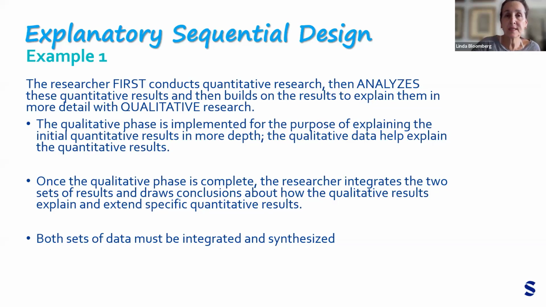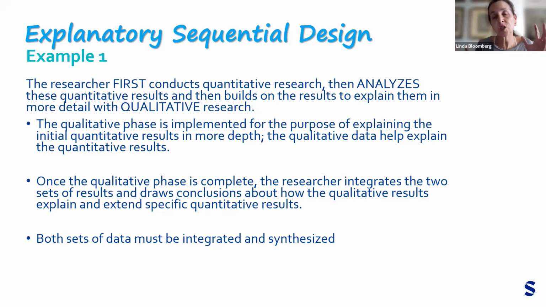And here is an example. The researcher first conducts quantitative research, then analyzes these quantitative results, and then builds on the results to explain them in more detail with the qualitative research. The qualitative phase is implemented for the purpose of explaining the initial quantitative results in more depth, and the qualitative data help explain the quantitative results.